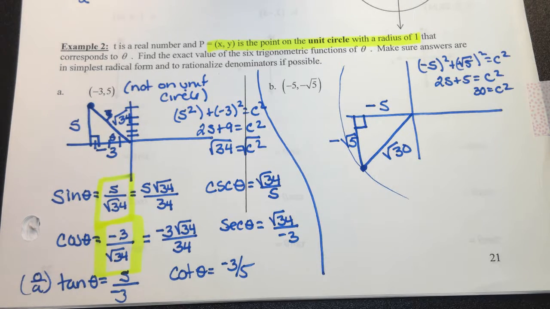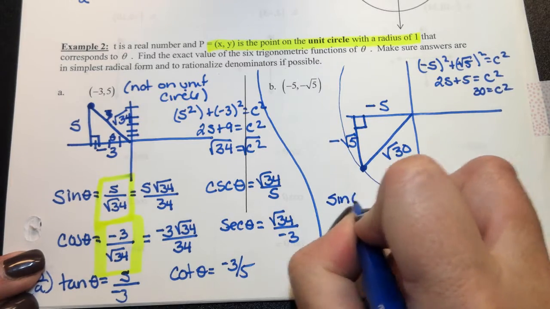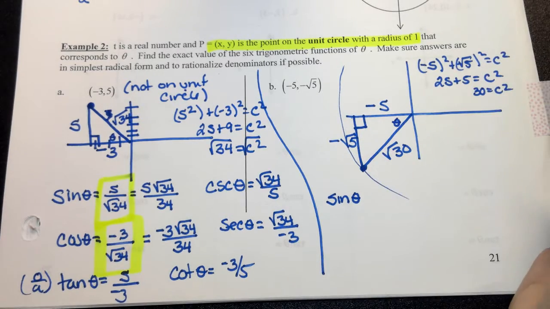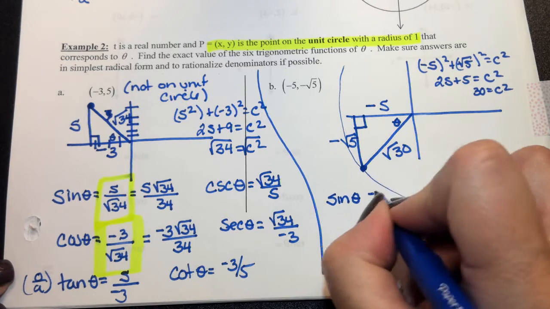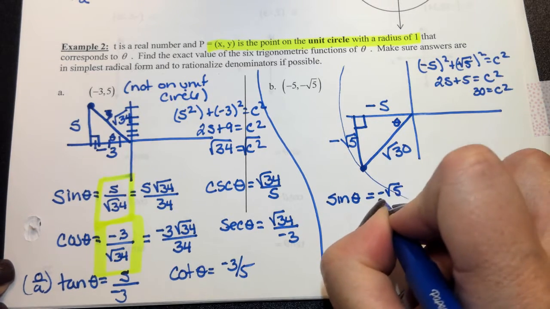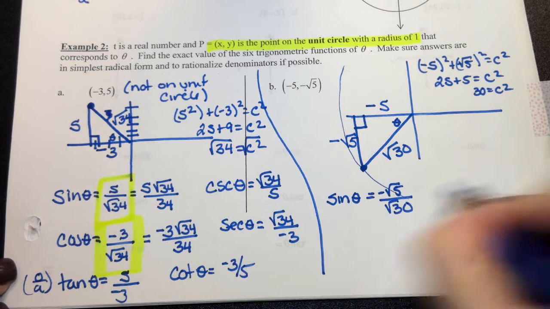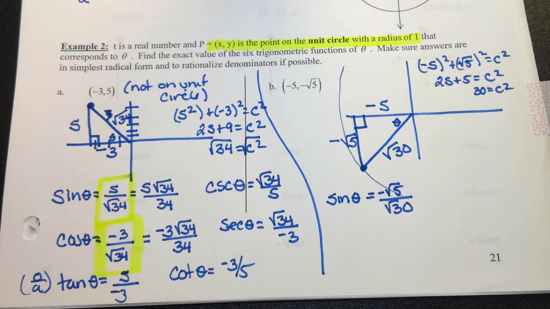All right, so now the same thing. Doing your SOHCAHTOA. Sine is the opposite over the hypotenuse, so that's negative square root 5 divided by square root 30. Depending upon how comfortable you are with simplifying radicals, you can go ahead and rationalize and then simplify your answer, or you can simplify and then rationalize.